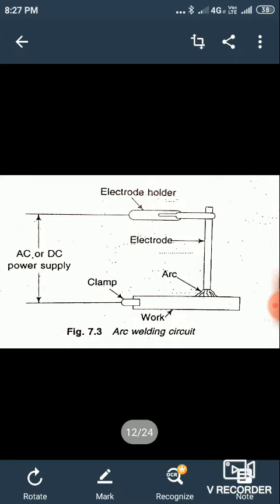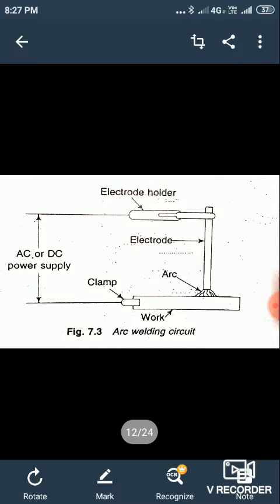In DCSP, the electrode is connected to the negative terminal and the workpiece to the positive terminal.